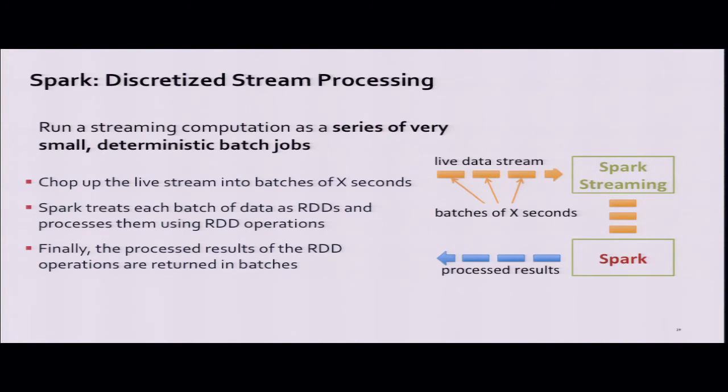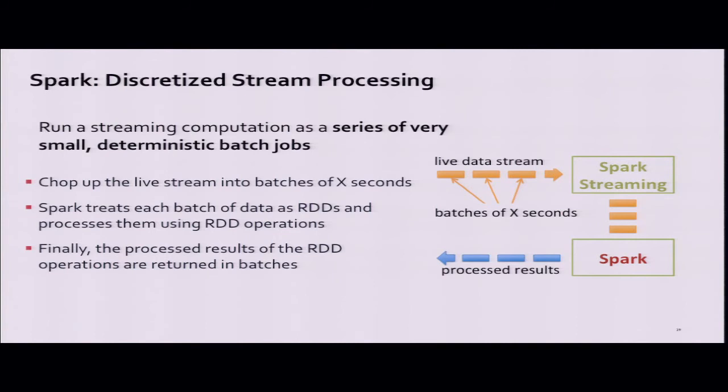So what are the advantages? Now you transform the streaming computation into a batch computation. And with a batch computation, we know how to deal with failures, we know how to deal with stragglers, and all of this stuff. So you reduce the problem to something you know. The other thing is that Spark can now do streaming, interactive processing, and batch processing.